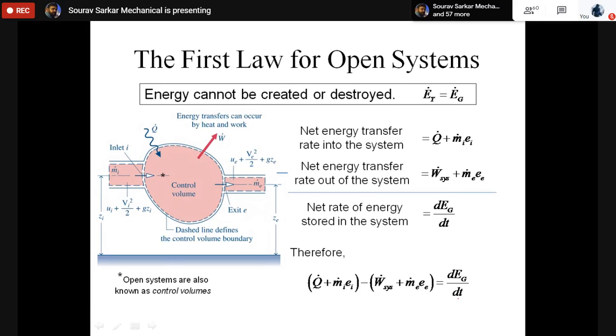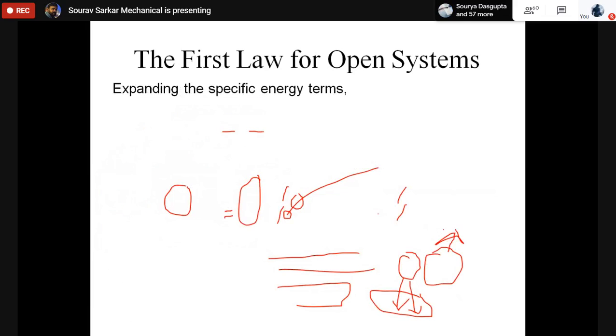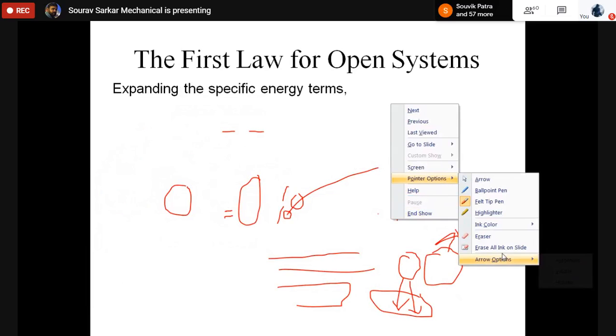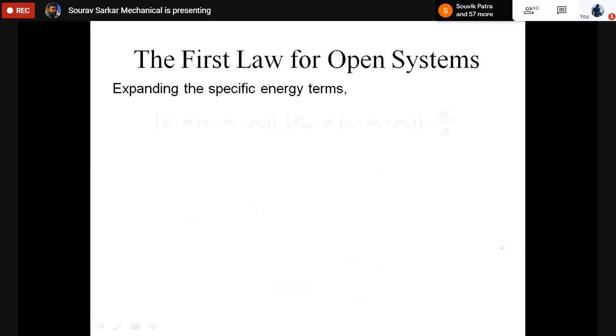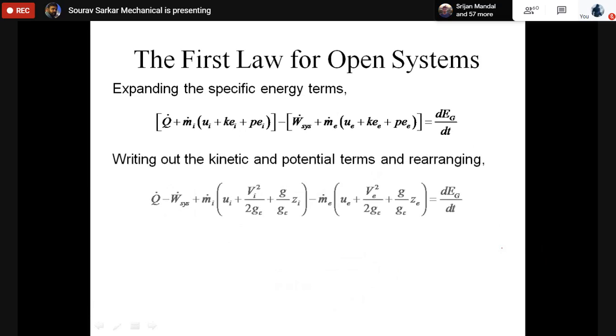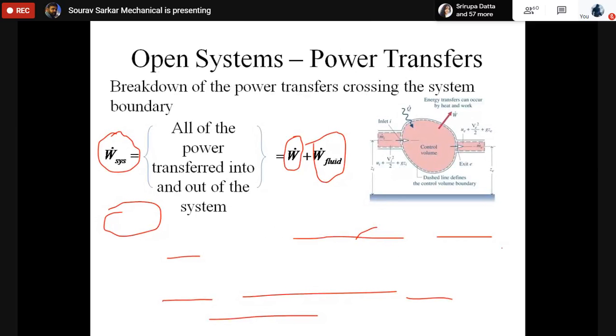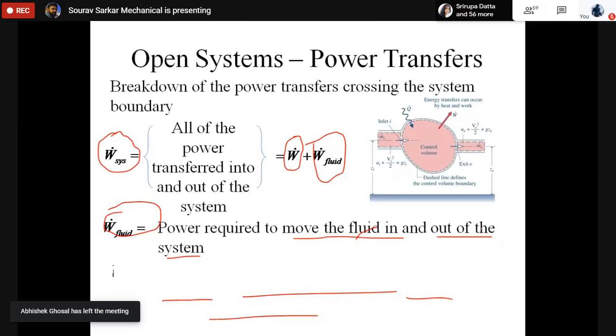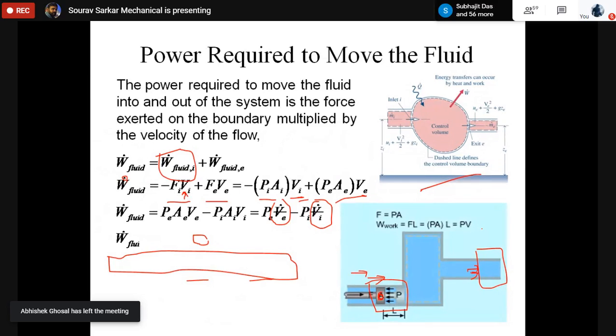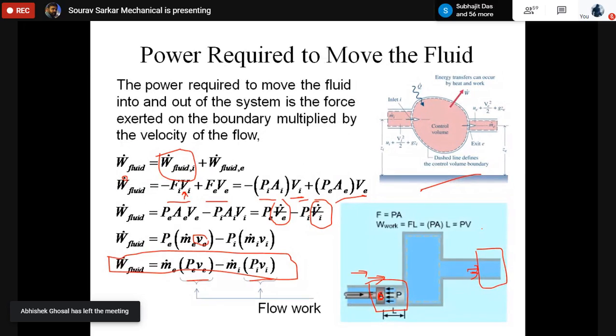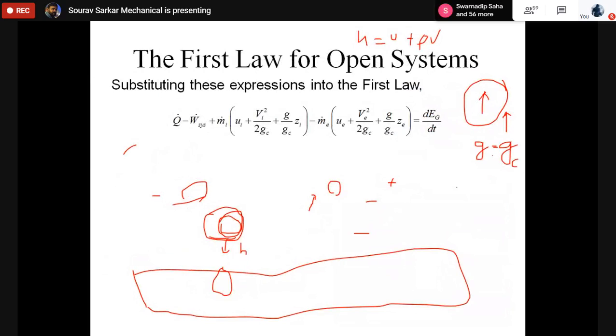Now if I expand the Ei, it will give me this expression, and finally if I include the fluid work, it will be something like this. Finally I can write it like this.